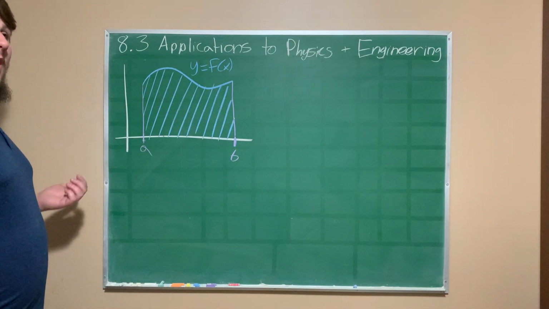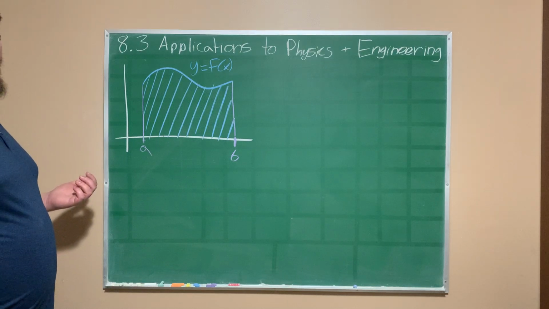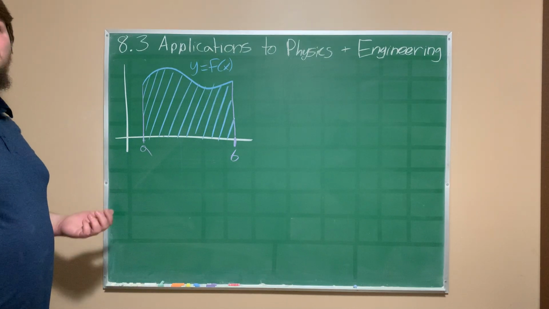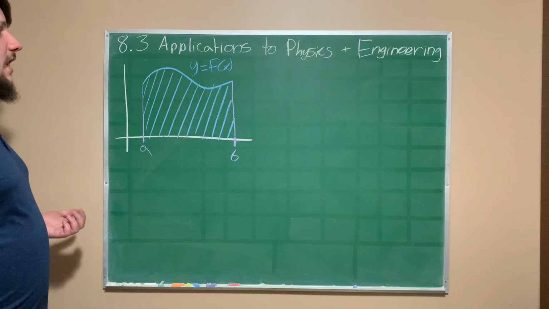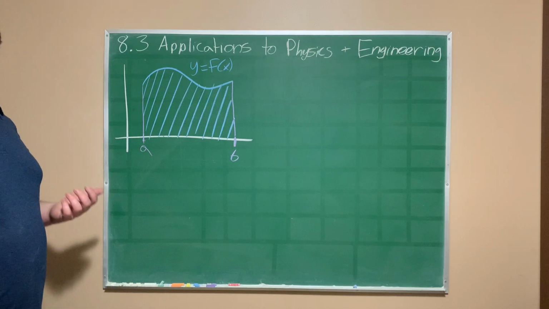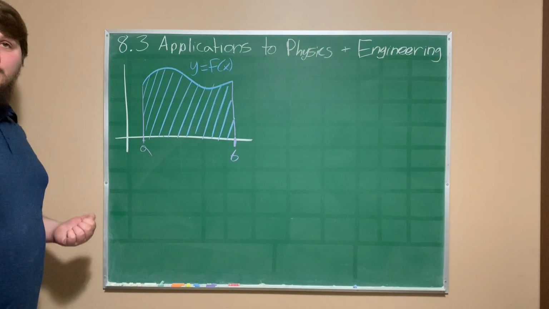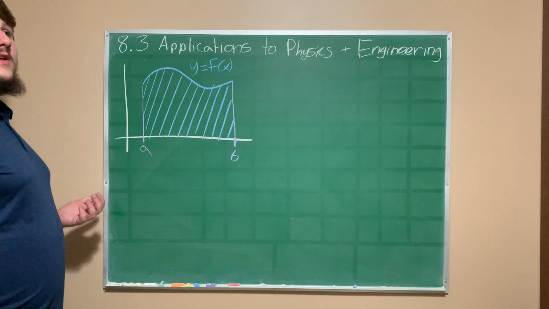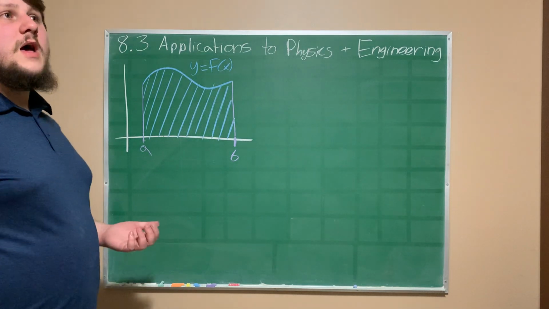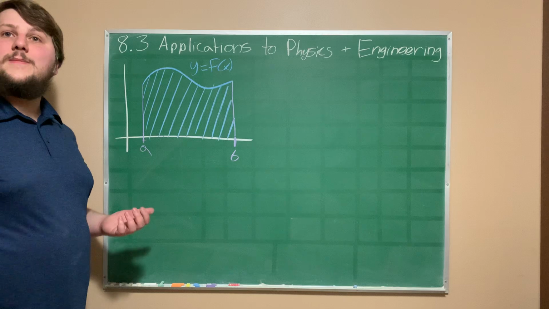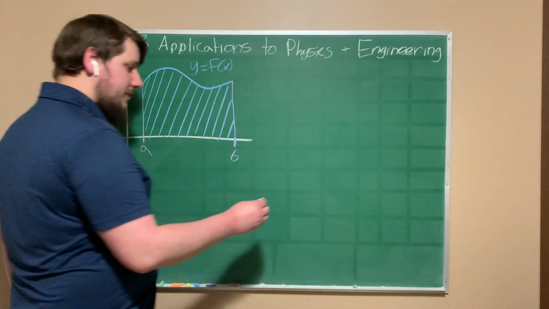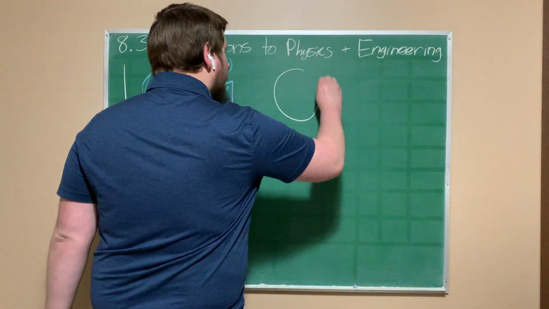In order to do that, I need to be able to figure out how to find the center of mass of an infinite number of points. And the way that I'm going to do this is with a nice shortcut. It turns out that if you have an object that has symmetric properties, you can guarantee certain things about its center of mass. So for example, let's say that you take a circle.